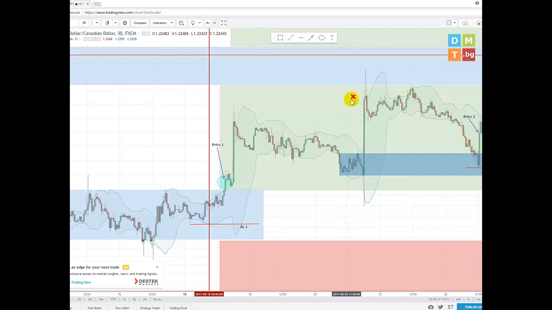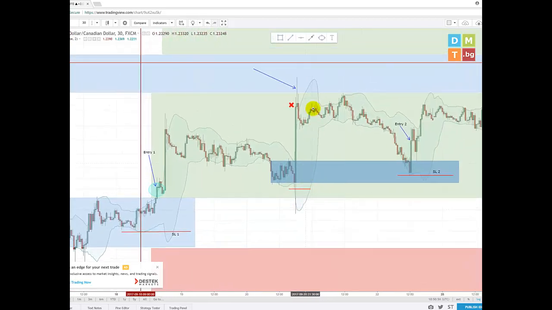First, because as we can see, the price reached this previous consolidation area that acts as a resistance area. And also, if you enter here, your stop loss should be placed way down over here, and this won't give you good results in the long run.